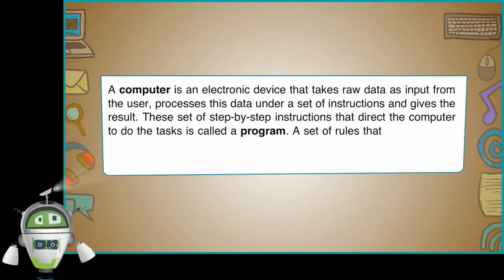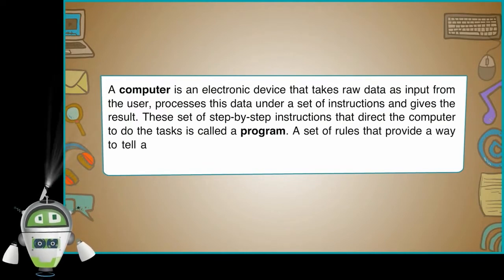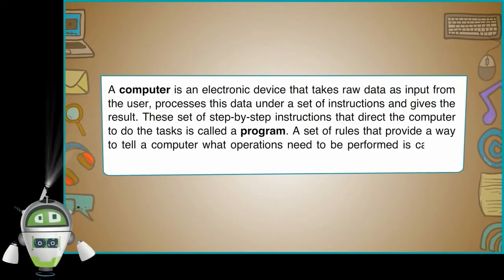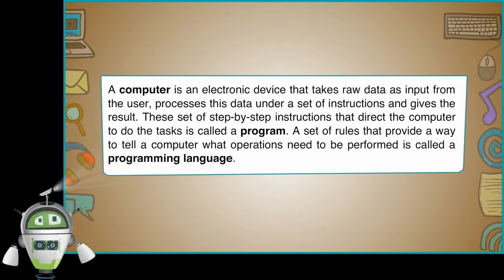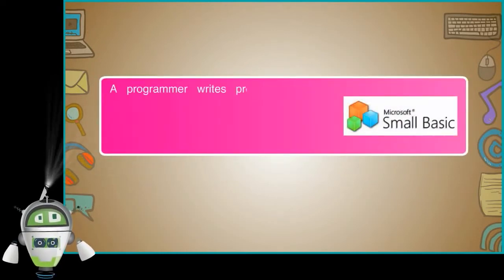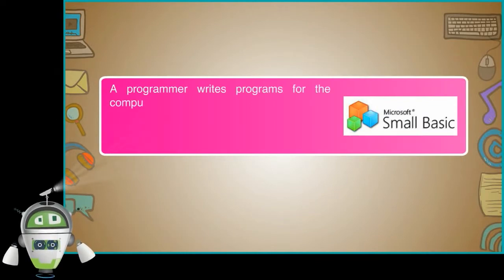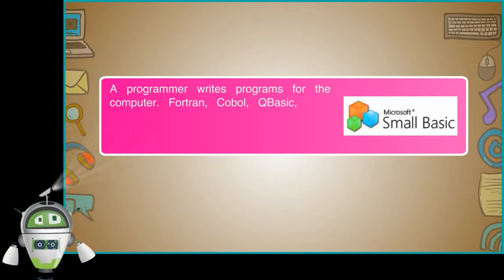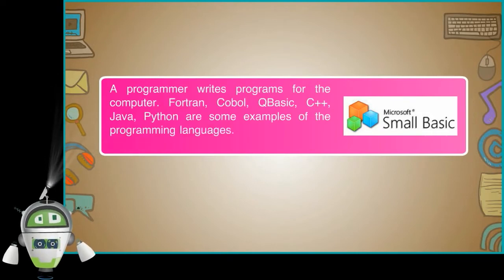A set of rules that provide a way to tell a computer what operations need to be performed is called a programming language. A programmer writes programs for the computer. Fortran, COBOL, QBasic, C++, Java, Python are some examples of the programming languages. Let us learn about Small Basic in this chapter.